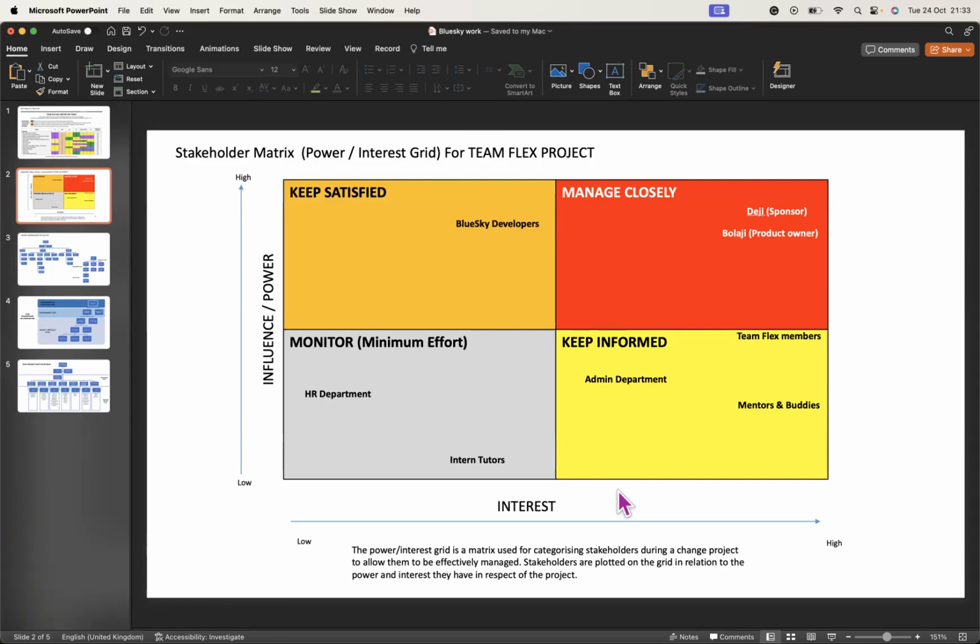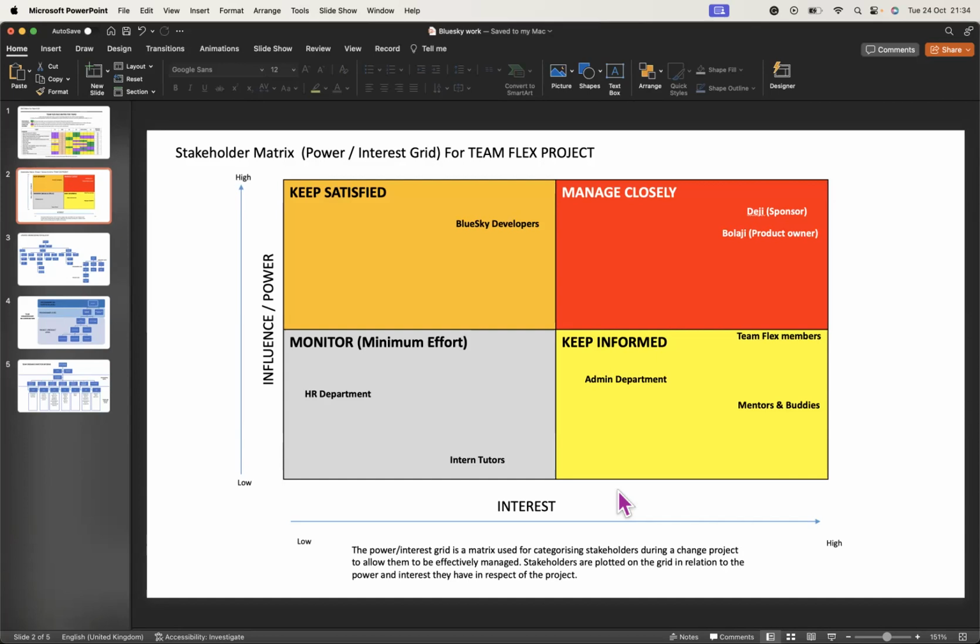We put in the sponsor, obviously they have the most power and influence that could impact the project. And we've also identified the product owner. We've identified it would be Blue Sky departments that would have the least influence and interest, because they run the processes in the background for Blue Sky, not so much the project in itself.